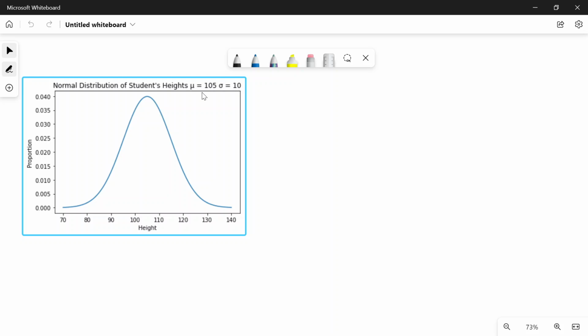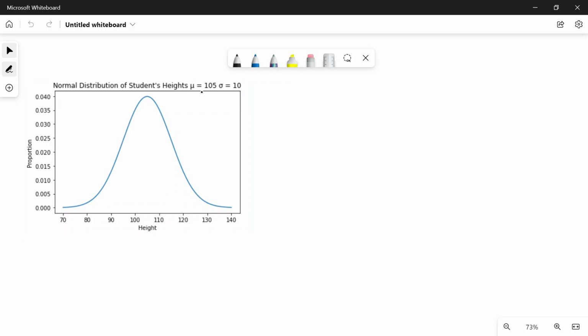Faisal's height was 103.5. So that's about right here. The question is, what proportion of students' heights were lower than that? So the area that we're trying to find is everything to the left of that point, right? So this yellow area over here, which is fine.